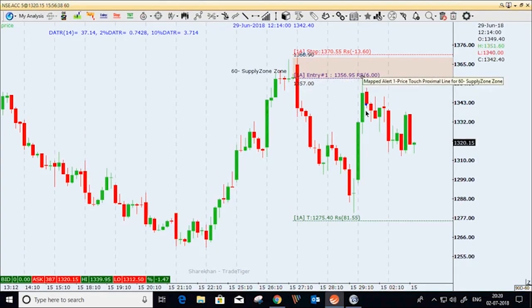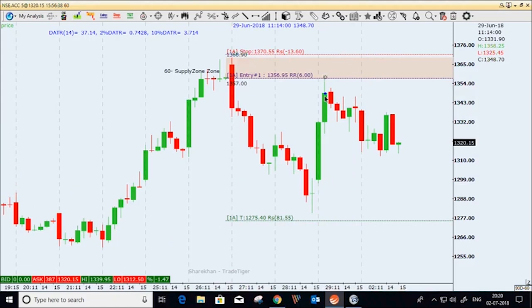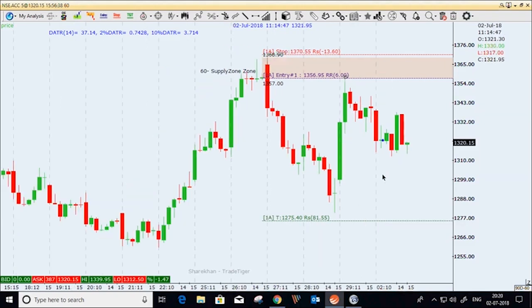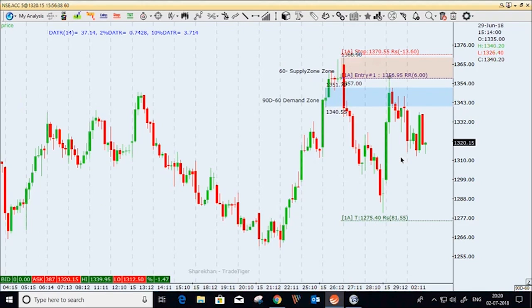This was marked, and when it got triggered on Friday, look, it has almost given 50% of my target. Now, why did I place my entry and stop loss there? Because this is an authentic zone which got engulfed, and this is a reverse zone. Price went up to the reverse zone and is now dropping. So this is a nice place where we could have taken a trade.